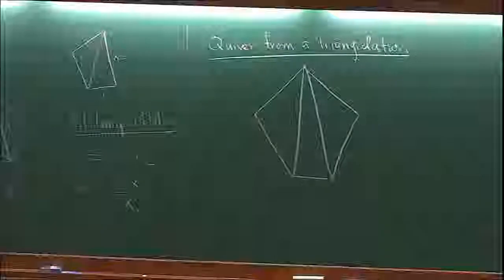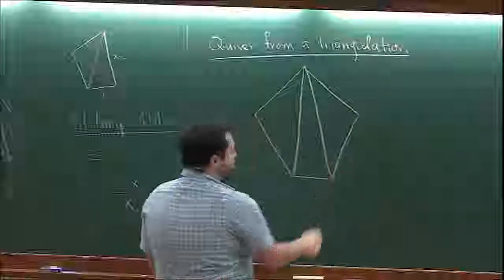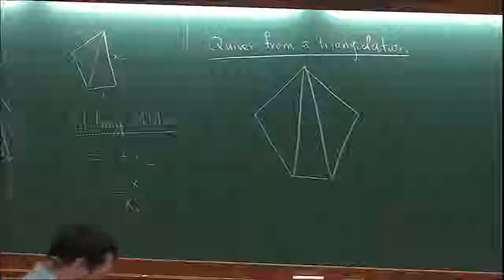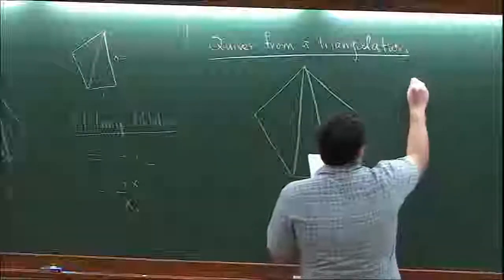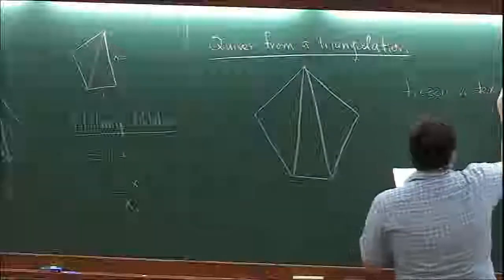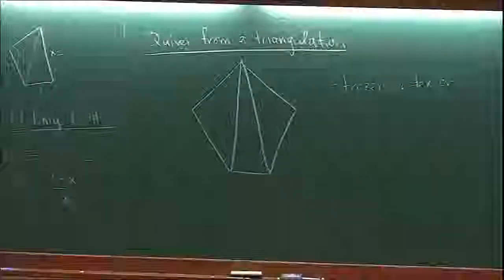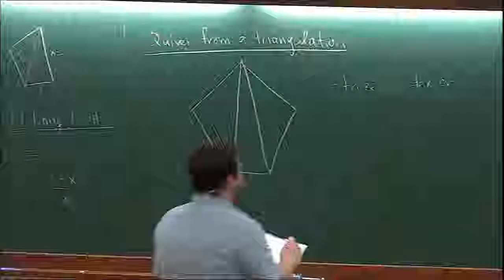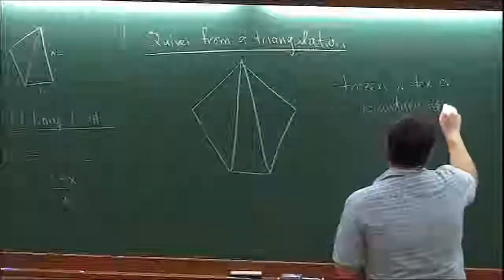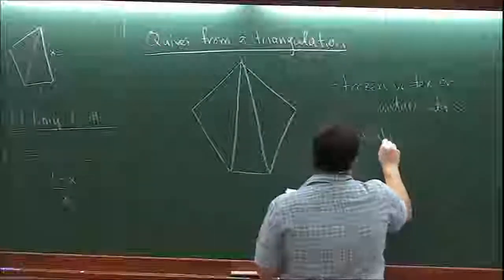So here's the prescription. For every one of these boundary edges, I'm going to have a frozen vertex, one of the ones that I cannot mutate at. So in general, for every edge, I'm going to put a vertex there, but the type depends on whether you're a boundary or not. So frozen vertex on boundary edges, and mutable on the other ones.